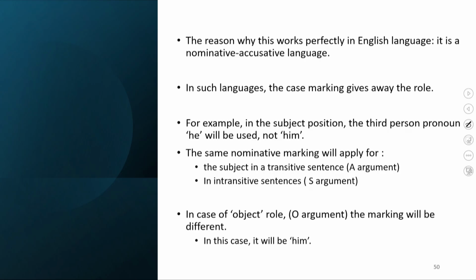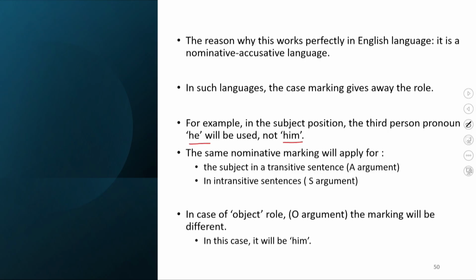So, the case marking makes the story very easy. It kind of gives it away. If you have figured out the nominative and accusative markers, you do not really need to do a lot of mental gymnastics; you will easily be able to find out who is the doer and who is the receiver of the action. For example, in the subject position, the third person pronoun "he" will be used and not "him."